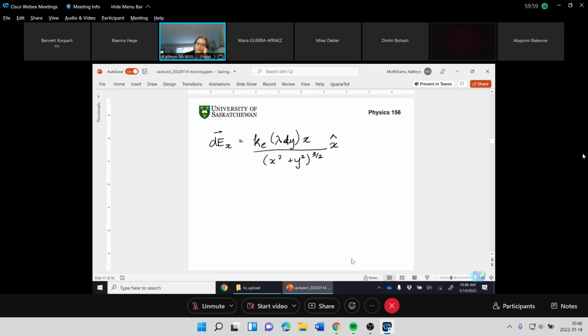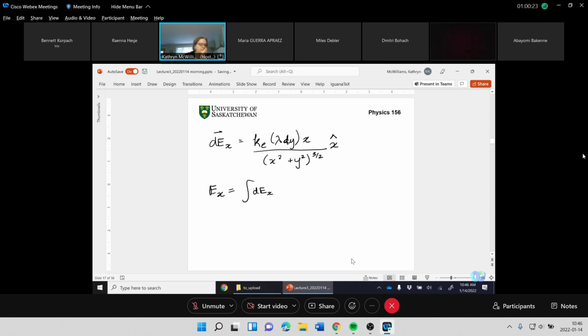Okay, so this is a substitution and some combining of terms, but we get here eventually when we put in all of our substitutions for theta and r. Okay, so the total x component of the electric field, we have to integrate dEx over the object.